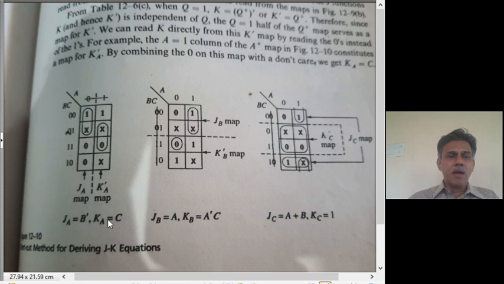To get KA, mentally remove A, look at the A is equal to 1 sub K map, simplify it and write it as Ka dash, that is why this part is called the Ka dash map, or cover zeros and then write, or cover 1 and write Ka dash and then flip it.